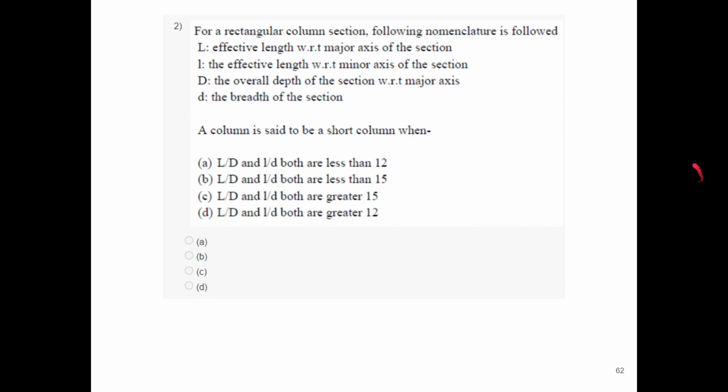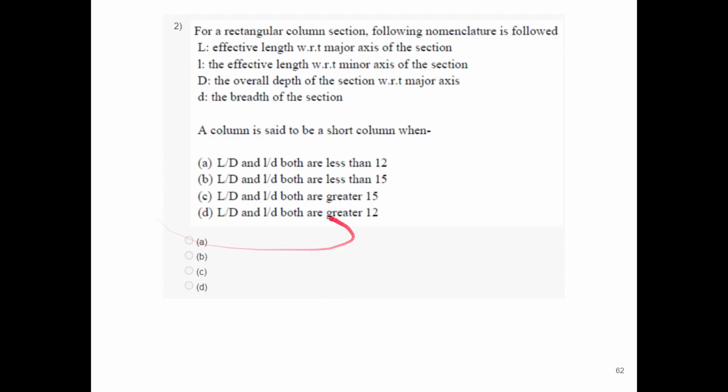In that case a column will be said to be a short column when: A, capital L by capital D and small l by small d both are less than 12. B, capital L by capital D and small l by small d both are less than 15. C, both are greater than 15. D, both are greater than 12.